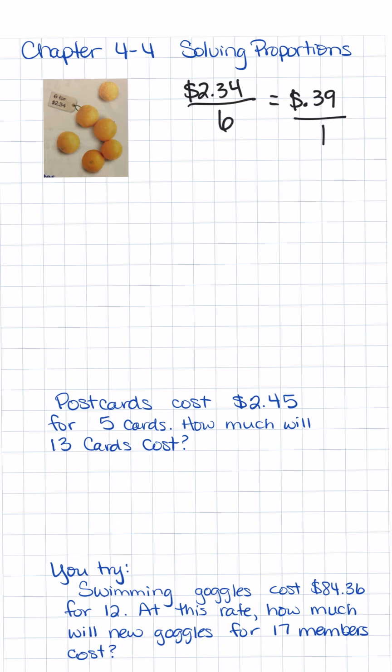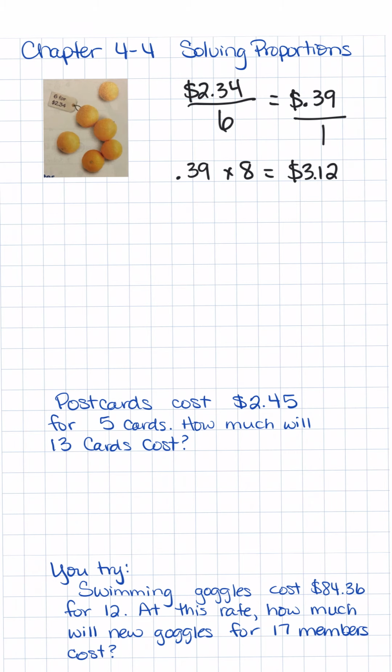Well, we want to know what 8 is. So we're going to take the 39 cents and multiply by 8. And when we multiply by 8, we get $3.12. So the cost of 8 oranges is $3.12.